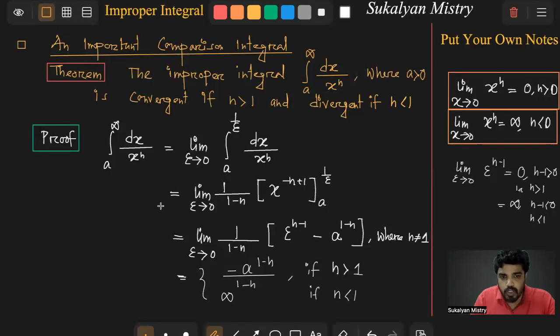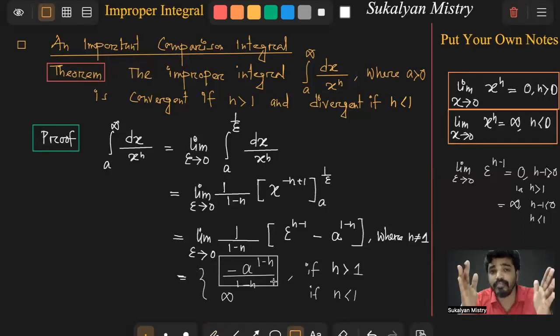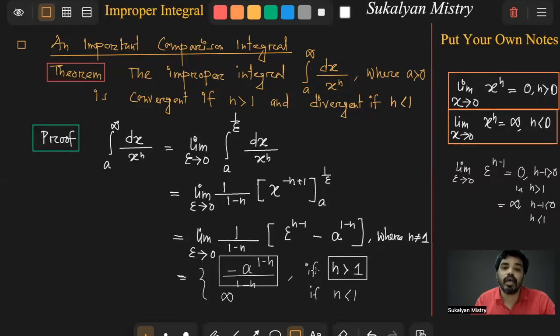And if so, what do we get, so a to infinity dx by x to the power n is a finite value. Convergent means if we get the finite value, then we conclude that this integral is convergent. Okay, a is a finite number, so this is a finite number, so that is convergent. So we see that this integral is convergent if n greater than 1, and this is divergent if n less than 1.